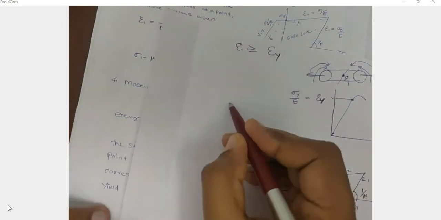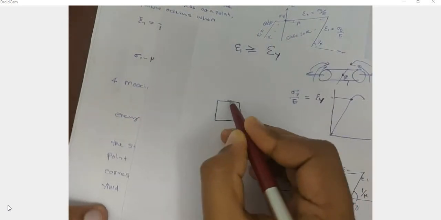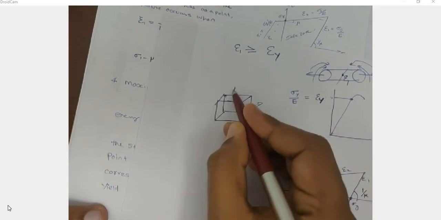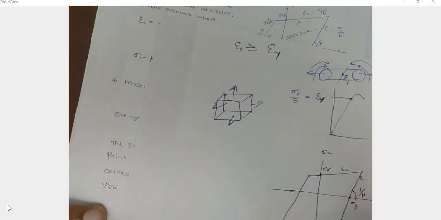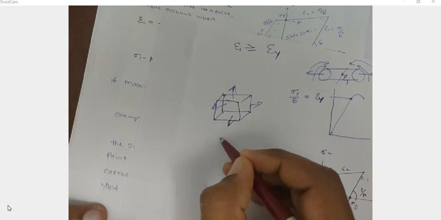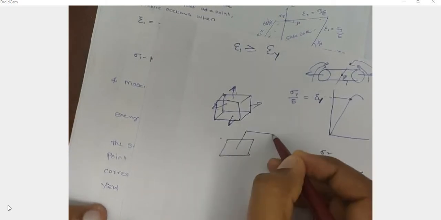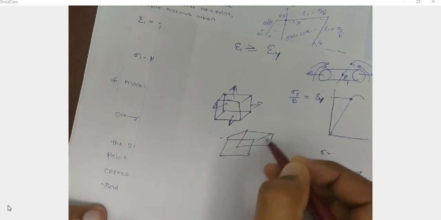Next, the fourth theory, that is the maximum strain energy density theory. I already said, when a body is deformed, for example, a cubical body subjected to different types of stress on the different faces, it is deformed like this.